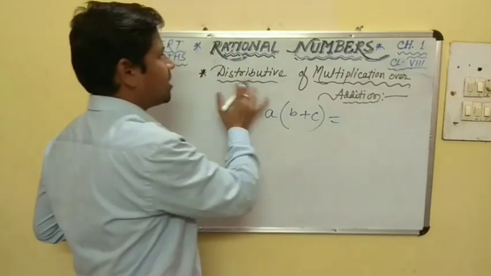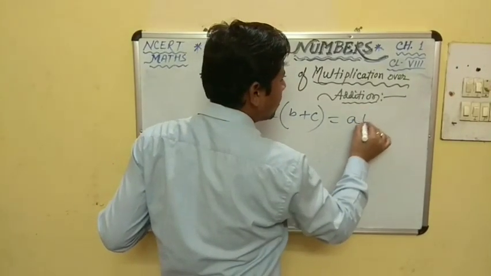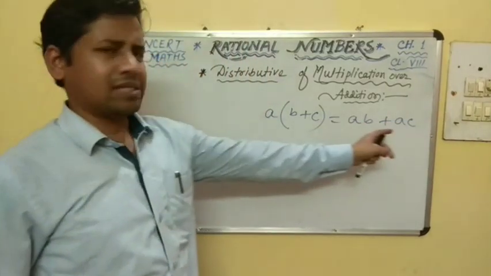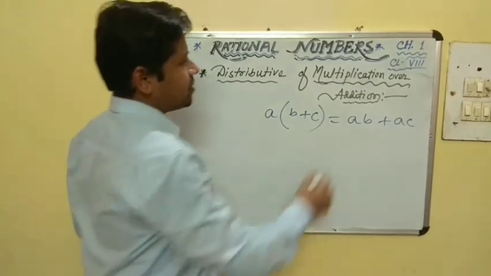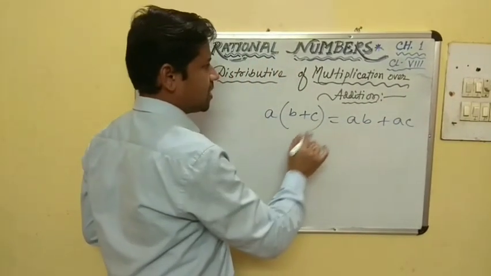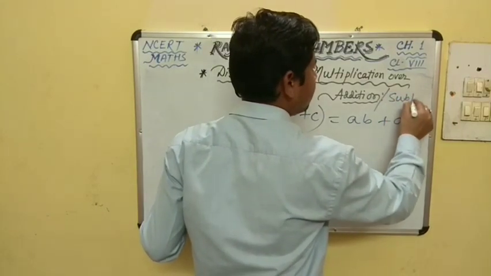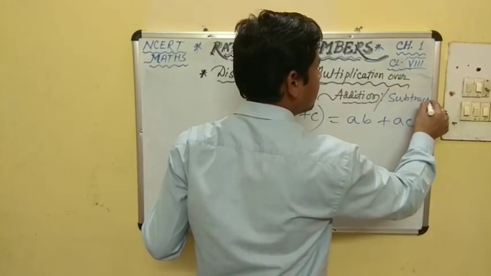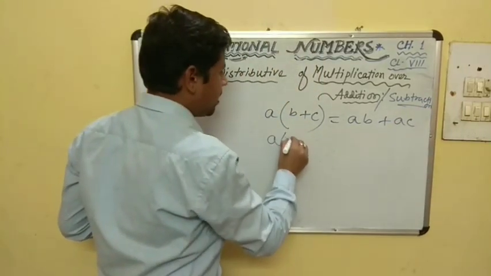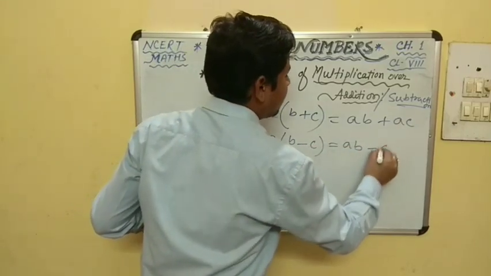Then by the distributive property, it will be a into b plus a into c, that is ab plus ac. In the case of subtraction also, the minus will be there. Then a into b minus c is equal to ab minus ac.